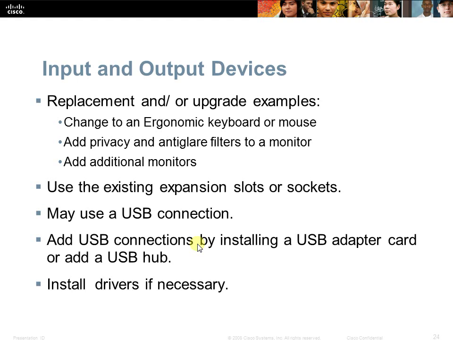If you do not have a USB connection, you might be able to install an adapter card to add additional USBs, or add a USB hub. Sometimes when we install additional input-output devices, we might need to install drivers for these. Again, you're going to need to consult the vendor and the manufacturer for each one of these particular devices.